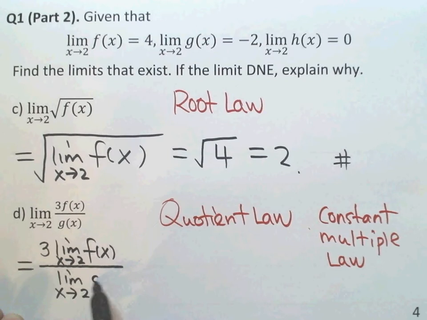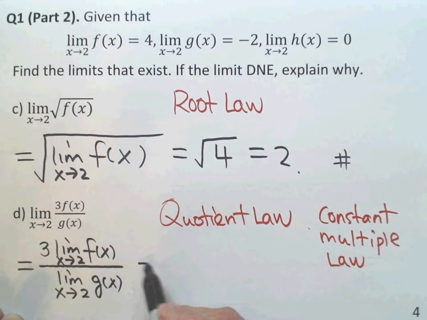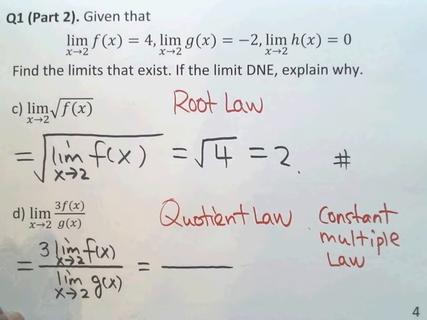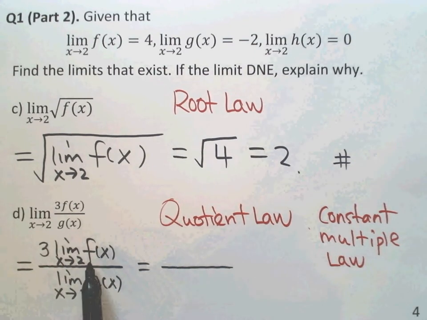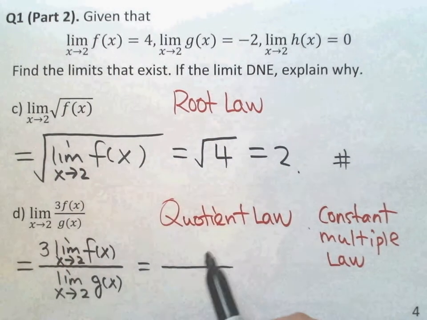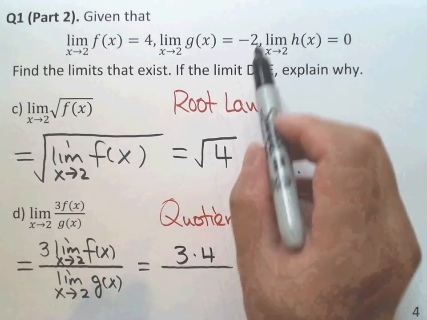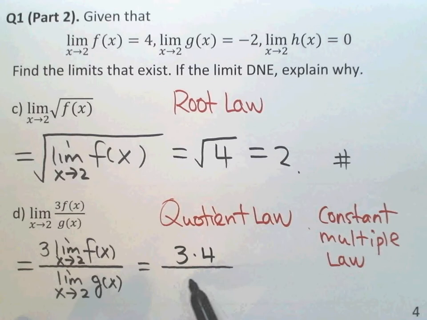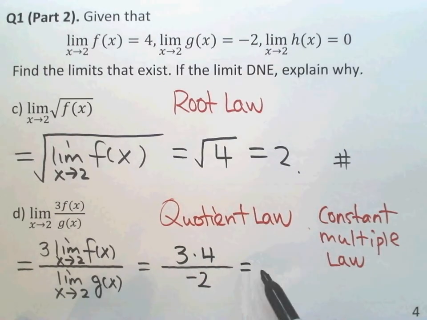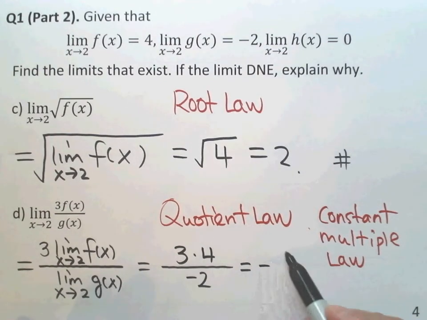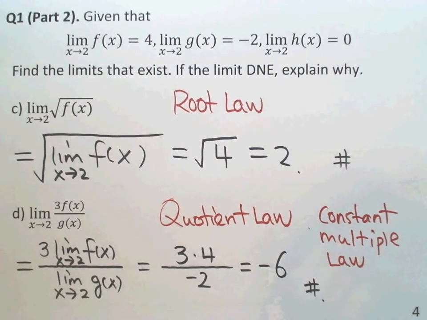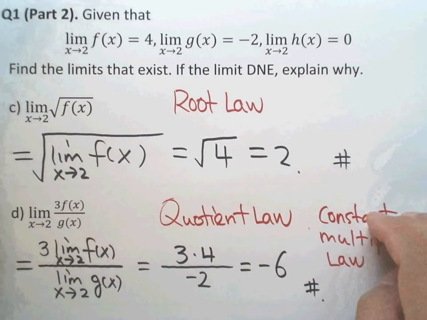The bottom is the limit as x approaches 2 of g(x). Now all we need to do is plug in. The limit of f at 2 is 4, so we have 3 times 4. The bottom is -2, so we put -2 here. By calculation we get -6. This is the answer for this part.